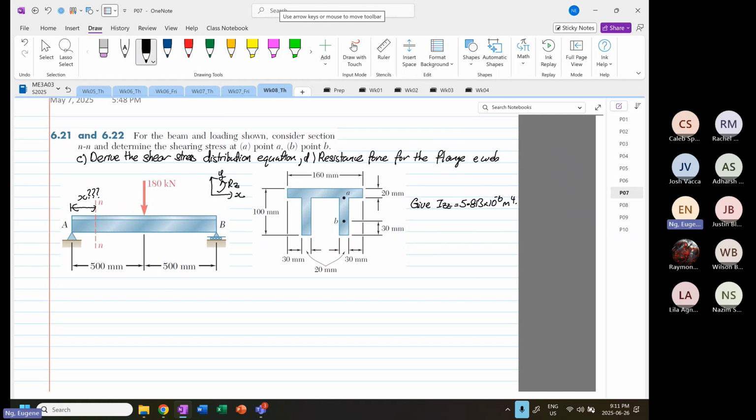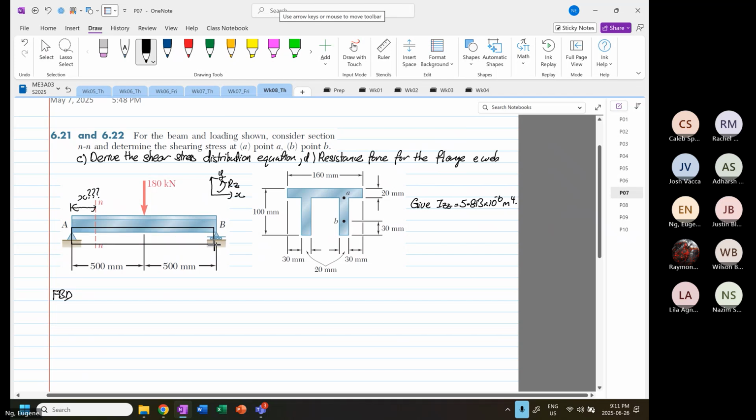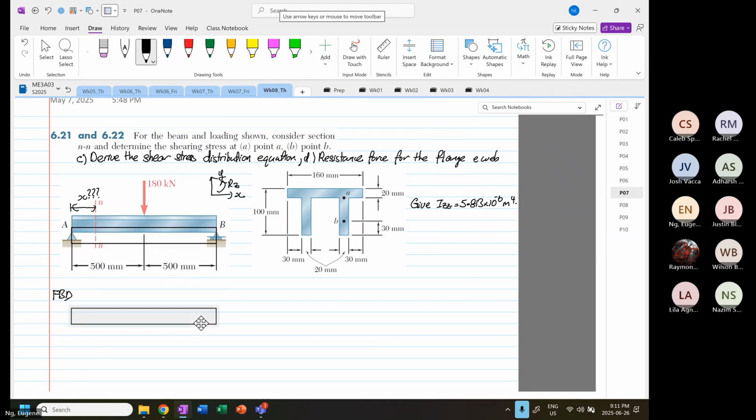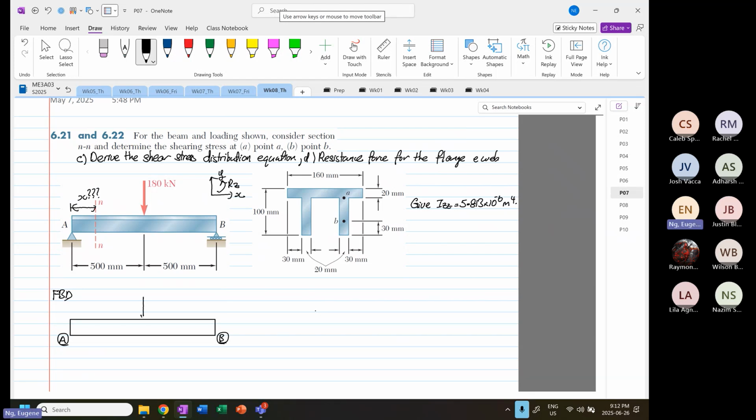So we know, if we were to sketch our free body diagram, we know that this is our point A, and this is our point B. Exactly at the center is 180 times 10 to the power 3 Newton.